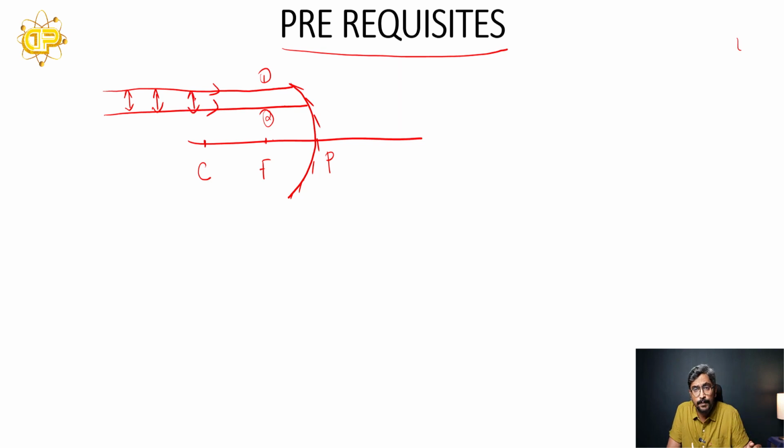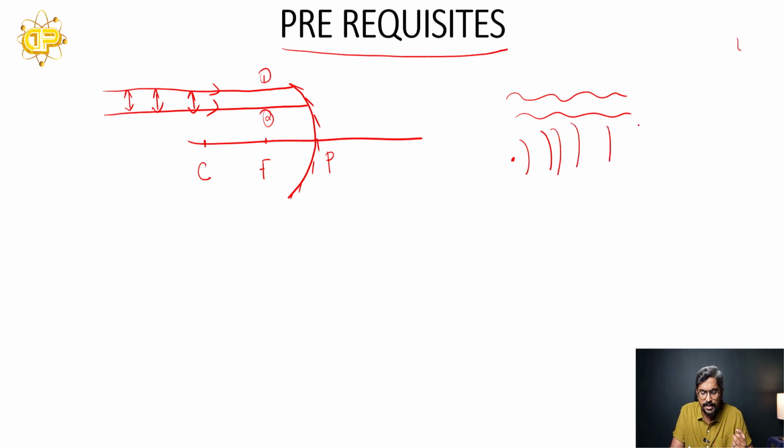So this is one of the laws that you need to learn, and this is well explained as light is not a particle, instead it also acts like a wave. In 12th standard you will study about wavefronts. If a wave is coming from a source, then obviously certain wavefronts will be formed as they pass by, and when they reach infinity, these rays will be parallel to each other.